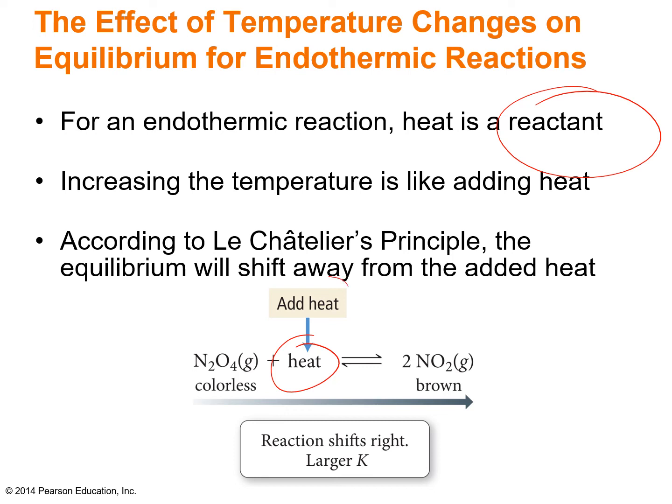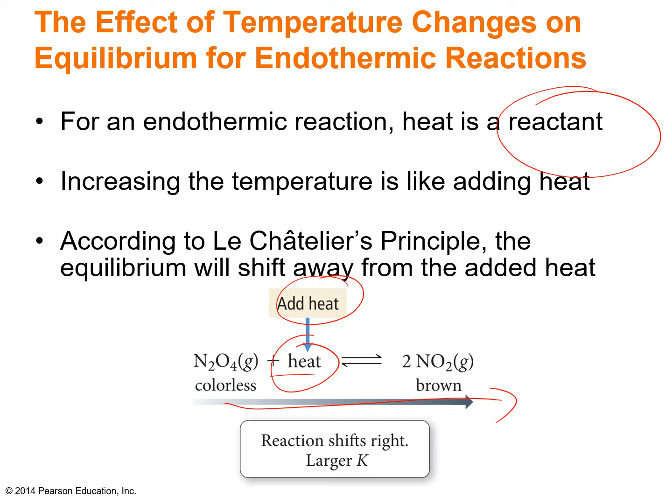If we are to add heat to this reaction, we're to take this system, right? We stick it in the microwave. A microwave is a bad example. Oven, right? We heat it up. What's going to happen? Well, we have a lot of extra or excess reactants. So the reaction is going to push away to get rid of that excess reactant. But as a result, what else happens?